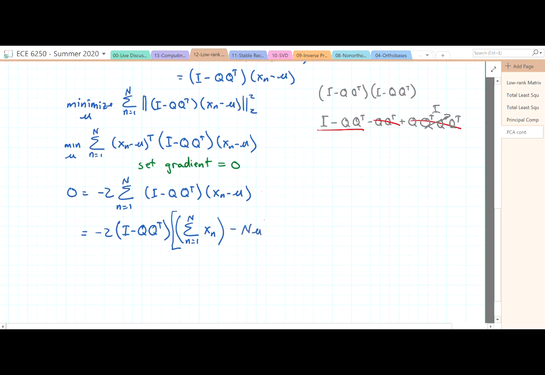And we can pull that out of the sum as well. So we want this to be equal to 0. I minus Q Q transpose is not. Therefore, we need to have mu equal to 1 over N times the sum n equals 1 to N of x_n. So we find that mu is just the average of all the observed vectors.